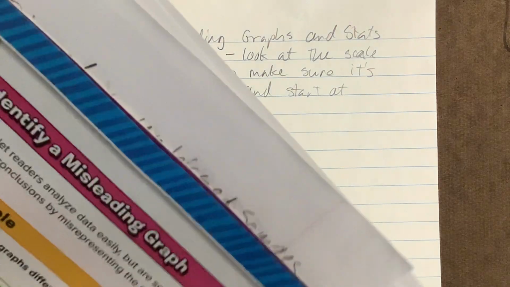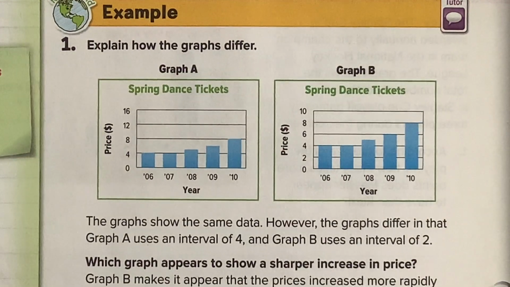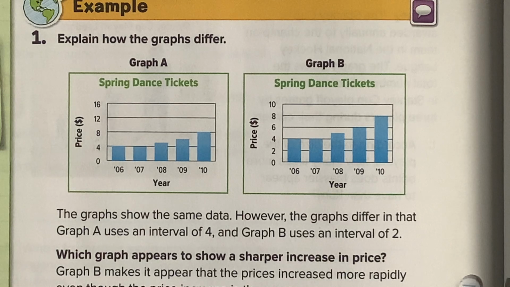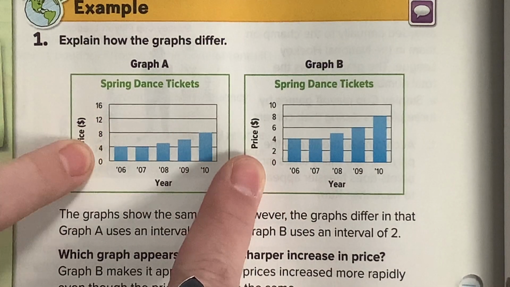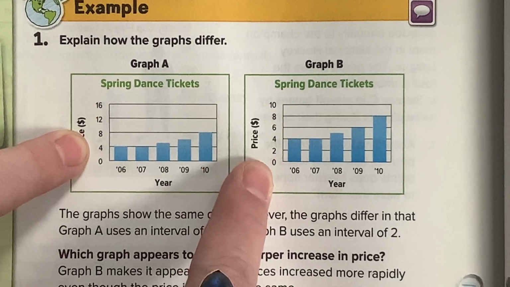Okay, so two ways you can look at these two graphs right here. It asks, the graphs show the same data, however, they look different, right? So by just changing the scale on the side, do you see how it's different? This one counts up by 4s, this one counts up by 2s.